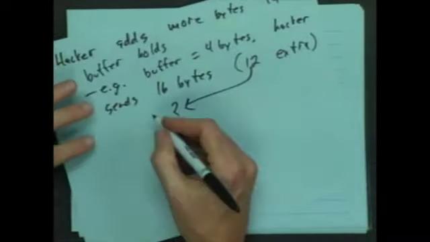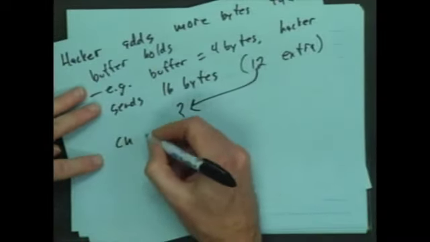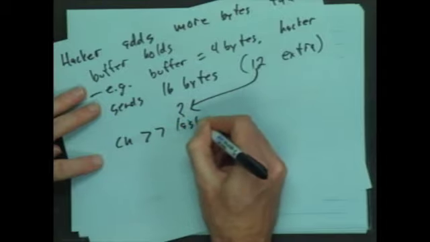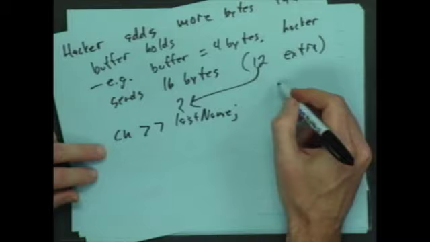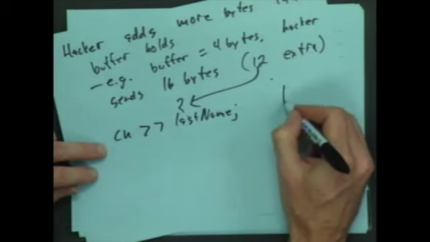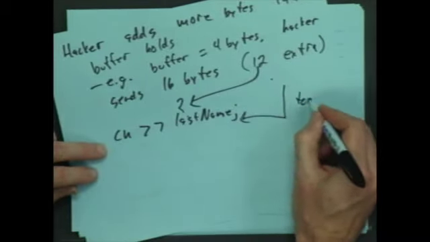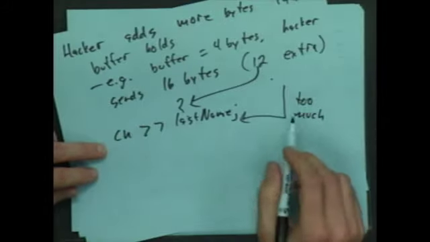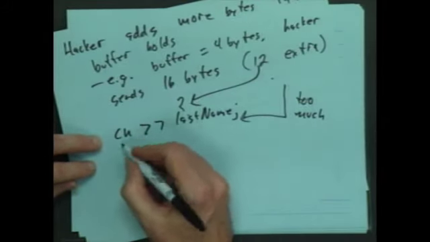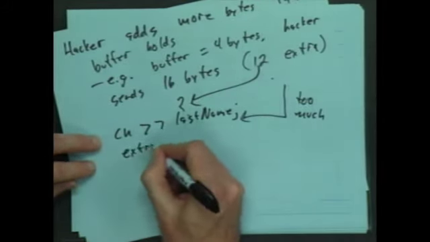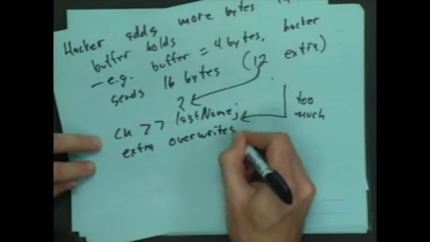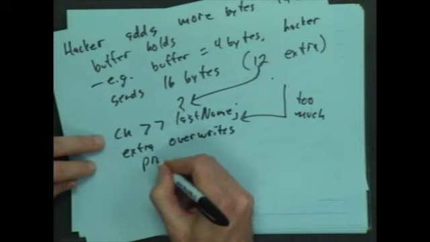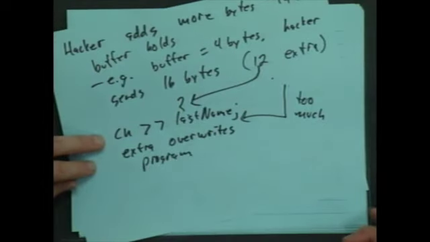So I had here, what was my code? So I had CN, last name, okay? And they sent in all this extra data. The extra code ends up overwriting my program.